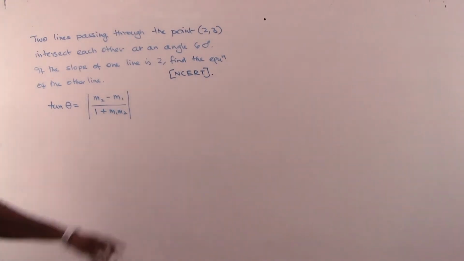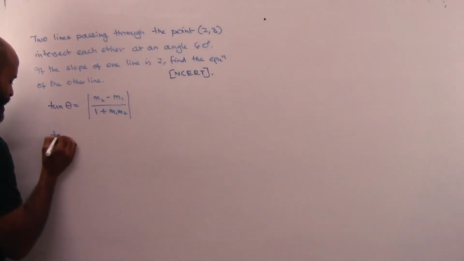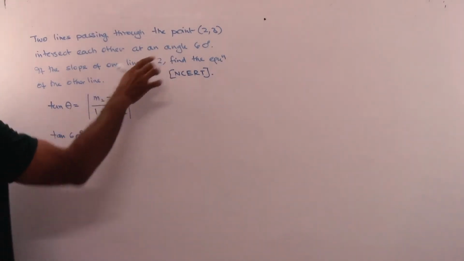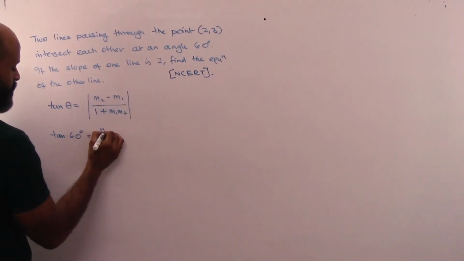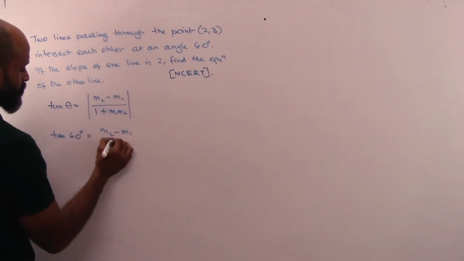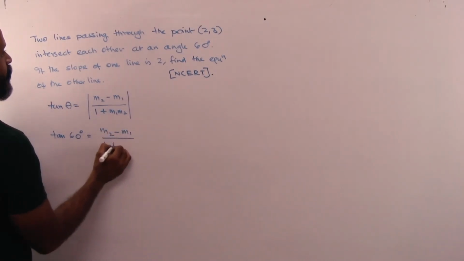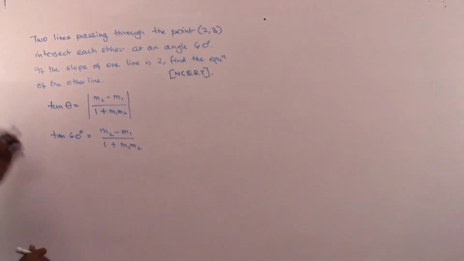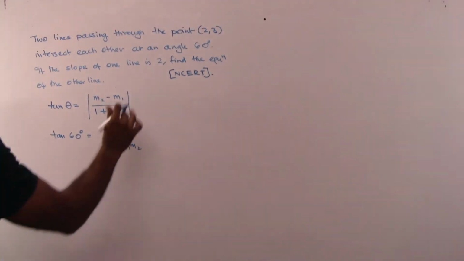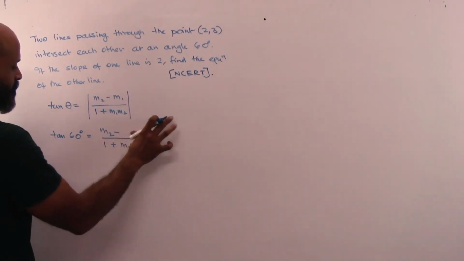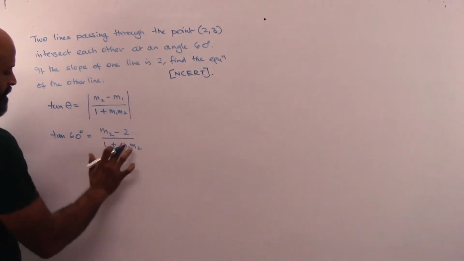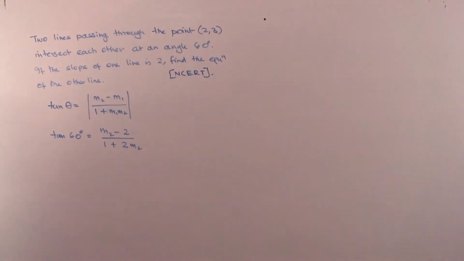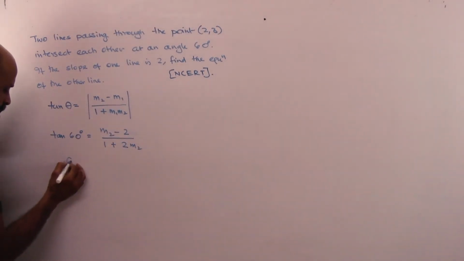So here we have tan 60 degrees is equal to mod of (m2 minus m1) upon (1 plus m1 m2). We are not aware of the slope of the other line, right? So let's say here we take the value of m1 as 2, and let's say the other slope is m2. Okay, so now tan 60 is under root 3.